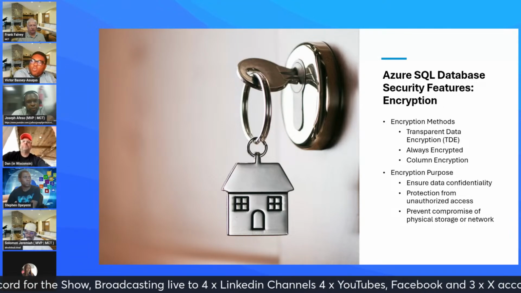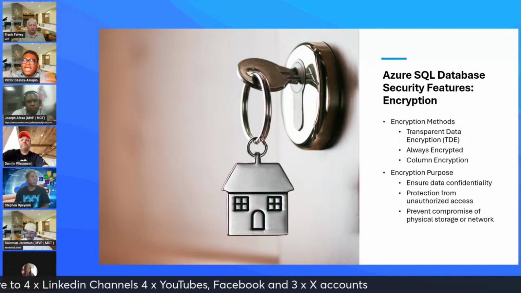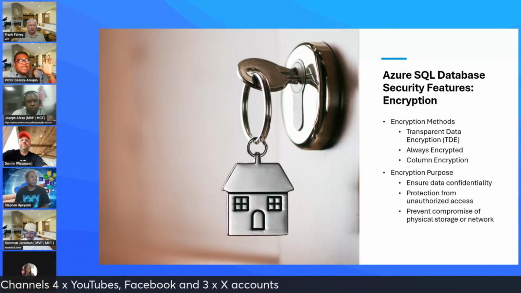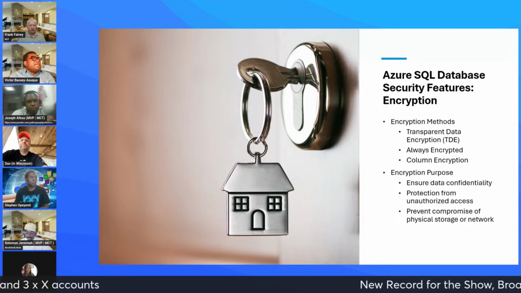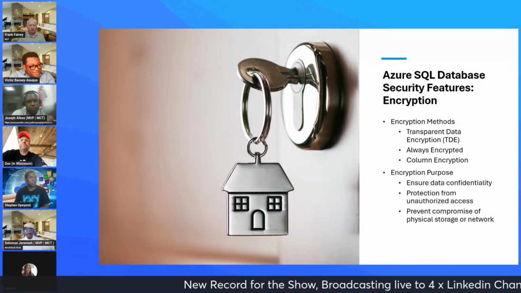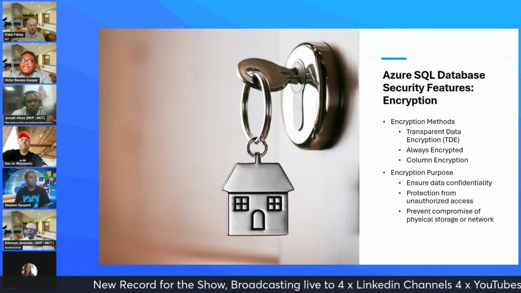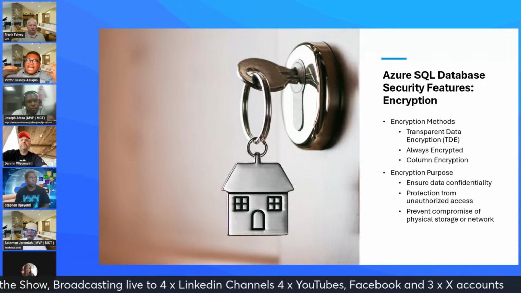We've got the Always Encrypted security enclaves, column encryption, and all of these things will be ensuring the confidentiality of our data and will be allowing us to protect our data from unauthorized access, of course, preventing the compromise of our data that is housed within our database.